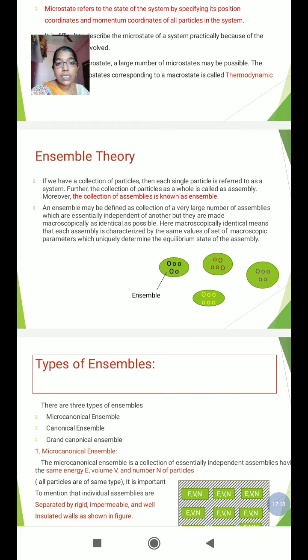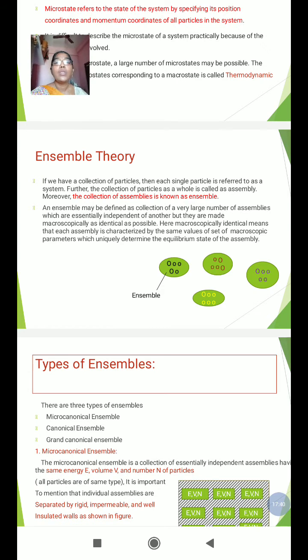In the first ensemble, 5 systems are there. They are macroscopically identical, but microscopically independent. Every system has a different position, different momentum, different velocity. Microscopically all the systems are different, but macroscopically all the systems are the same, meaning all the systems have the same energy.